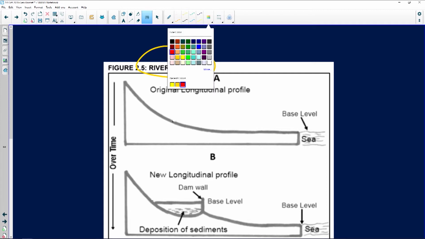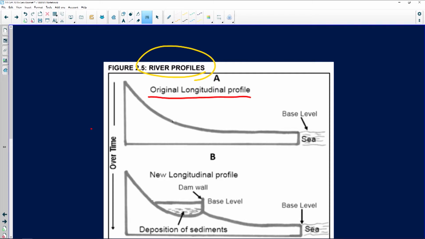Okay, so what we have here, we have two different river profiles. First of all, we got an original longitudinal profile, and then we got a new longitudinal profile. But I want you to pay attention over the time. They've mentioned over time.